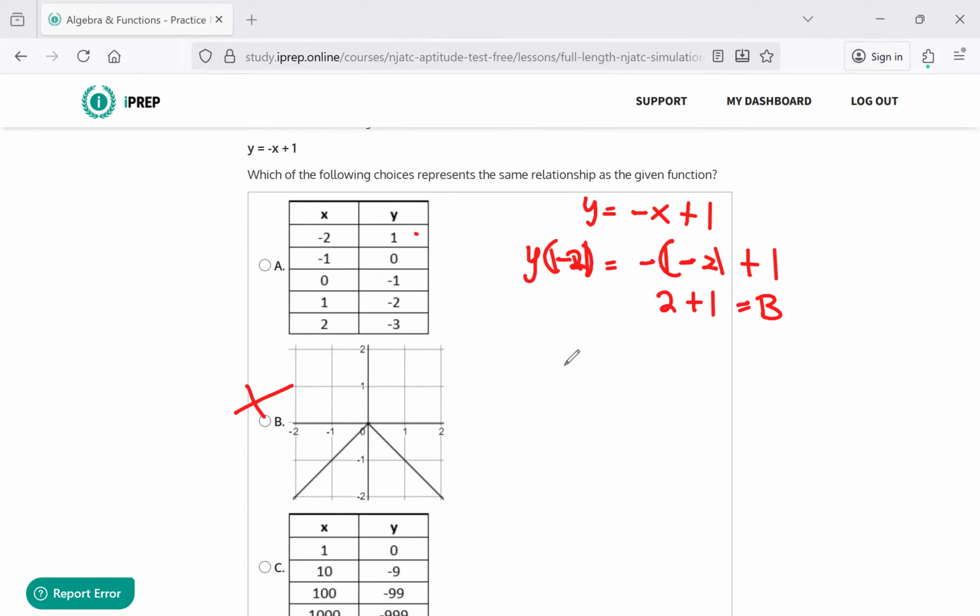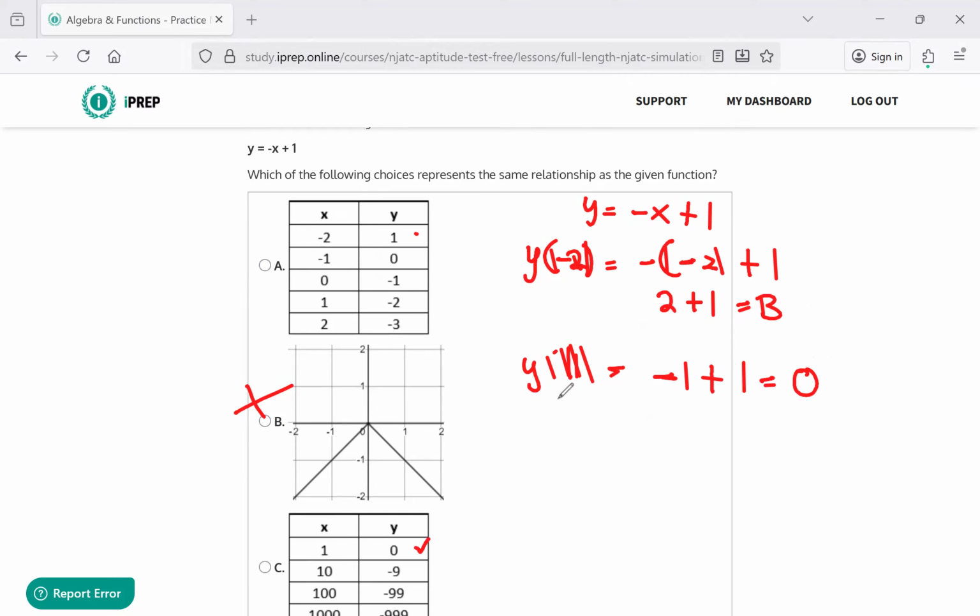Let's try C. So if I plug in 1, I get negative 1 plus 1 equals 0. Yes, that's true.